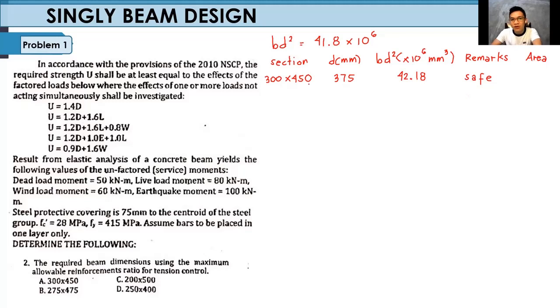Okay? So therefore, multiply na natin 300 multiplied by 450. That is area natin in millimeter square. So lagyan na natin ng area, millimeter square. Yan. Okay, dito natin. Area.